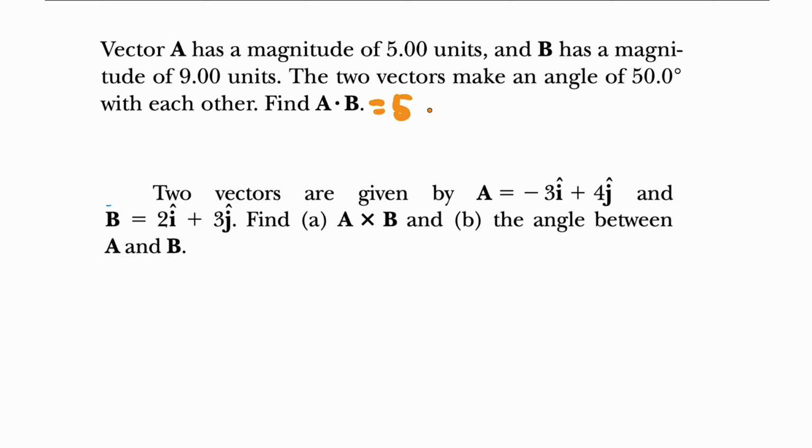A is 5 units, B is 9 units, and the angle between is 50 degrees. If we calculate that with our calculator, that would give us a result of about 29 units. This is our magnitude.